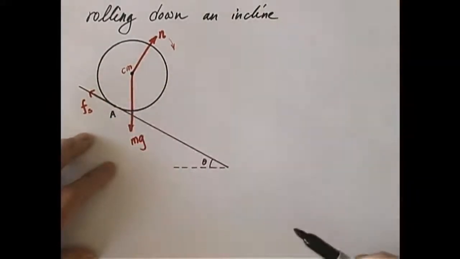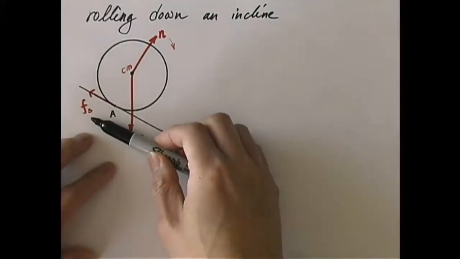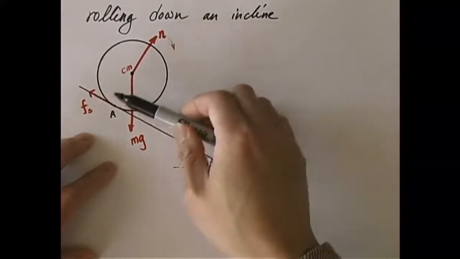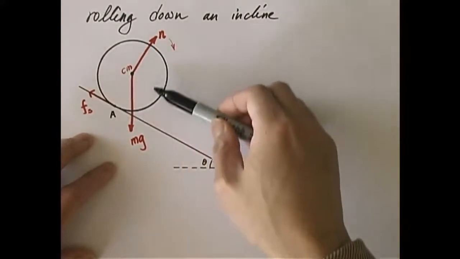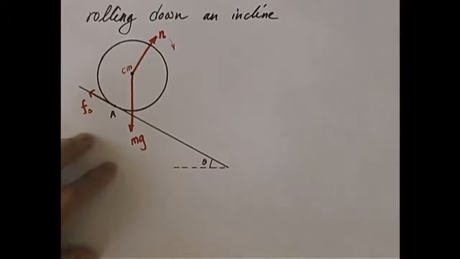Therefore, Fs has to increase. At some point, Fs may reach the critical value of mu s times n. That means you're using 100% of the available static friction to provide enough torque to sustain pure rolling, to keep up with the linear acceleration of the center of mass.